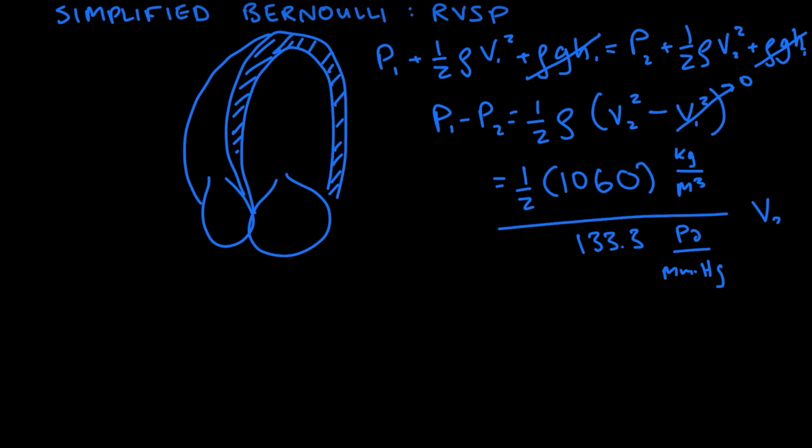All of that times V2 squared, which 1/2 times 1,060 divided by 133, that ends up being about 4. So equals 4 V2 squared. So in other words, the first pressure minus the second pressure, for all intents and purposes, is roughly equal to 4 times the velocity squared.